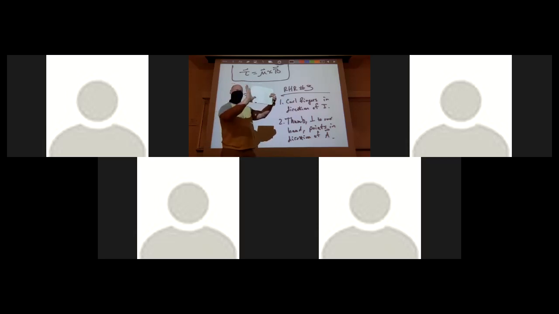So I would have to curl my fingers the other way. My thumb at a 90-degree angle to my hand would point in the direction of the area, which in this case means the area would point towards me. The area then, because I is always positive, points exactly in the same direction as mu as well. So this is actually in the direction of A slash mu. Those two are in the same direction.